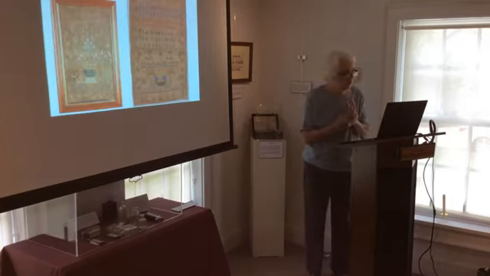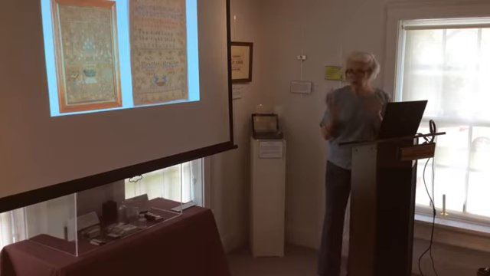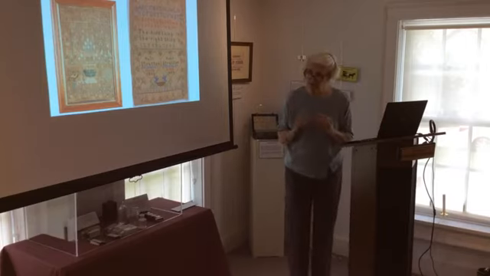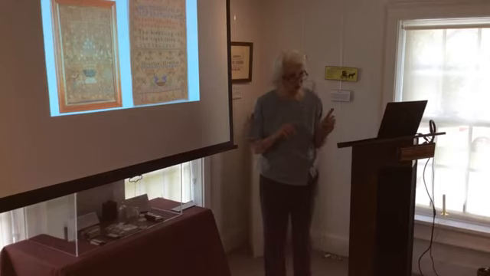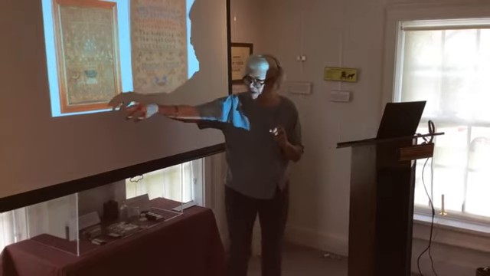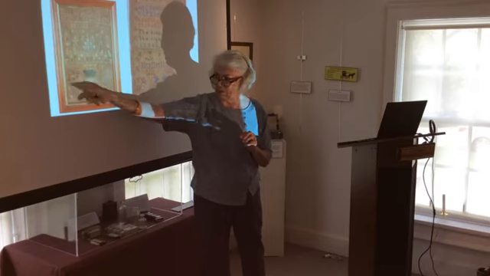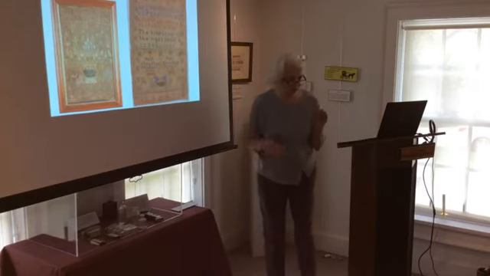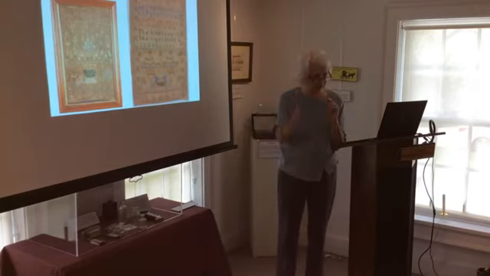So, some more interesting symbols. When you get to know your symbols, you can start to locate. For example, on this sampler, the white dove outlined in black is a very definite symbol for the Deerfield Valley, Deerfield, Massachusetts.